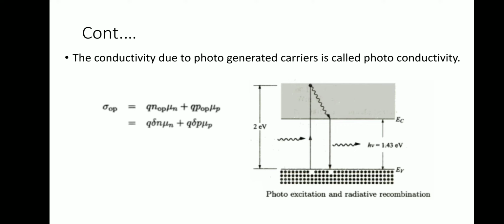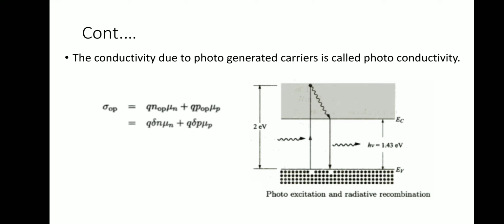So due to this photo generation, excess carriers are generated and thus the conductivity increases, and that conductivity is called photoconductivity. We have the expression for that photoconductivity as sigma_op equal to q n_op mu_n, where n_op is the excess carriers generated due to optical energy, mu_n is the mobility and q is the charge of the electron, plus q p_op mu_p. Here p_op means the excess holes generated, and mu_p is the mobility of holes.